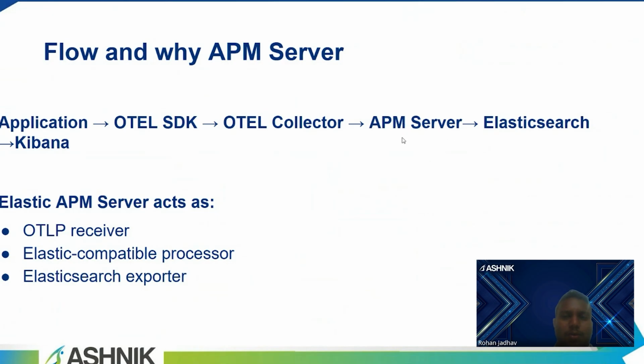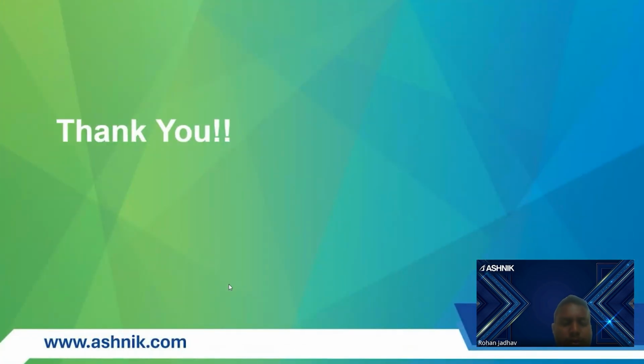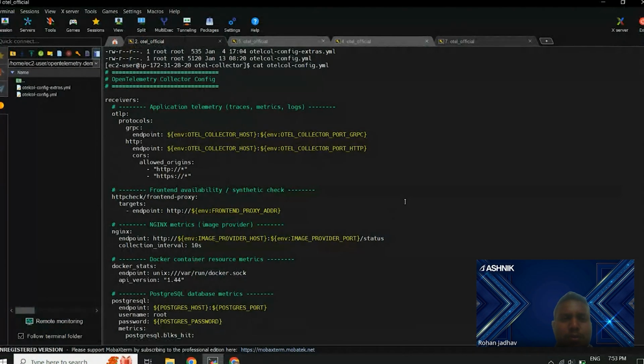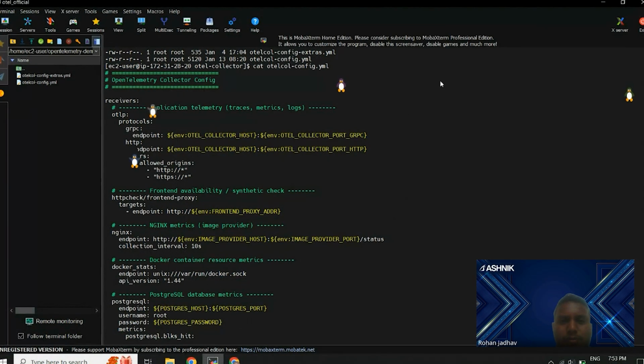When we go to the demo section, we can see the APM observability section. Elastic APM serves as the OTLP receiver, Elastic-compatible processor, and Elastic exporter. Thank you. So let's go to our demo. Let's see first.